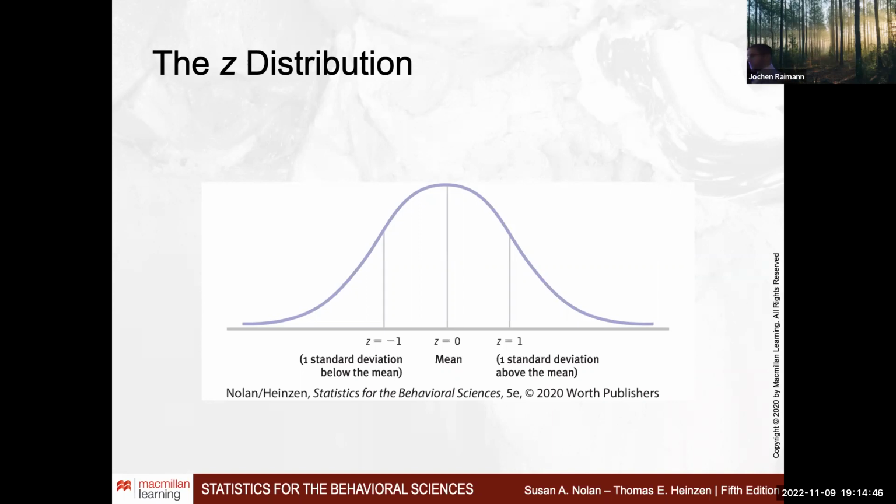Between +2 and -2, you have 95.7%. Between +3 and -3, you have 99%. So that's the 68, 95, 99% rule, which is the empirical rule, the rule of thumb, or the rule by Chebyshev. I believe I'm pronouncing this wrong, probably.